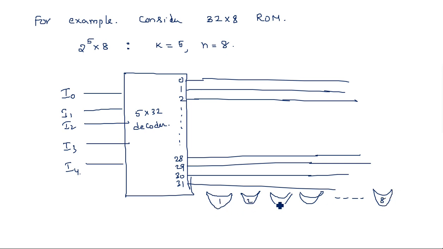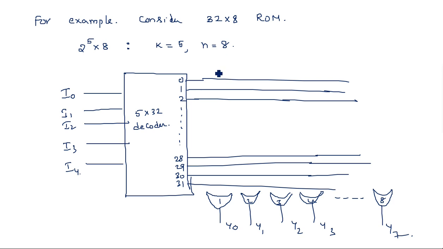These are the outputs, so y0, y1, y2, y3 and so on, y7. So total 8 outputs are there.